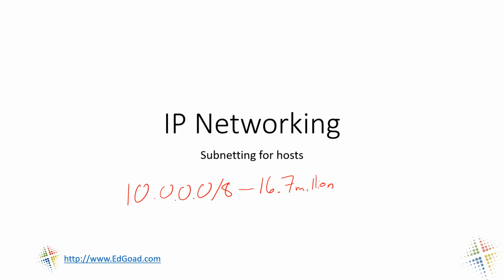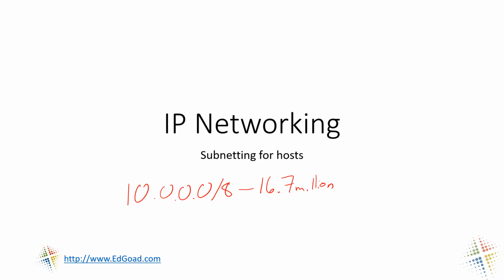I don't need a network that can handle 16.7 million addresses. In fact, I don't know very many people that do. 16.7 million is not just big, that is a really big network in your environment. So there may be reasons why I want a smaller network.